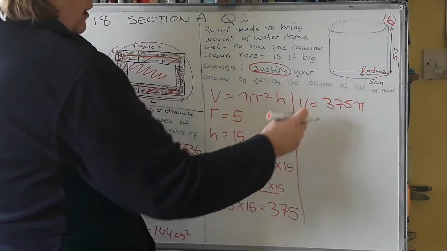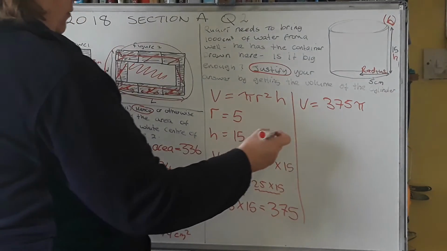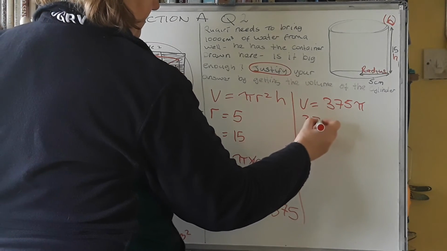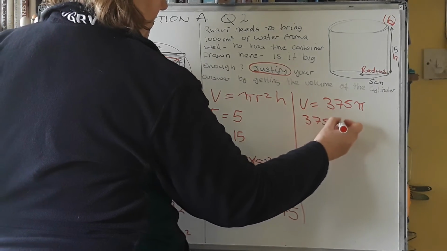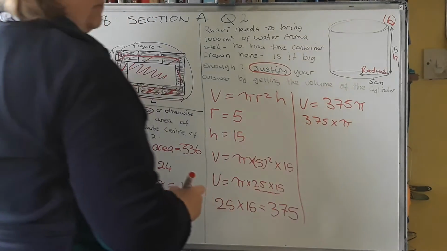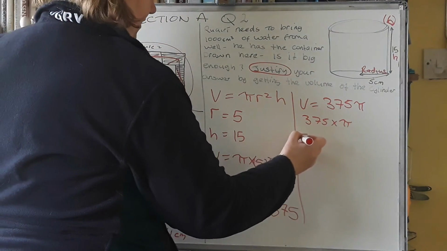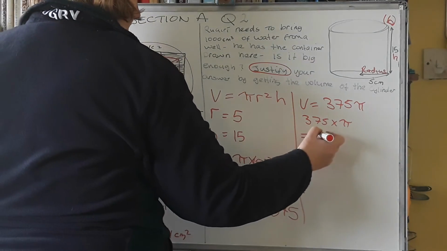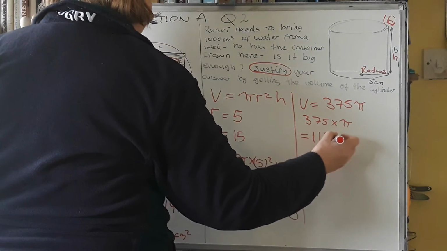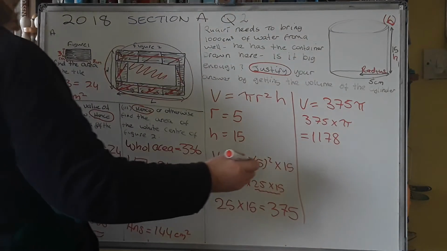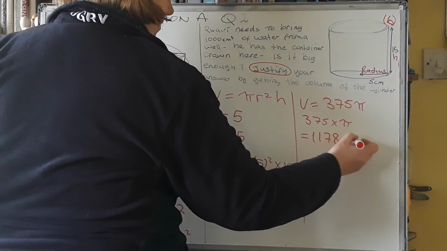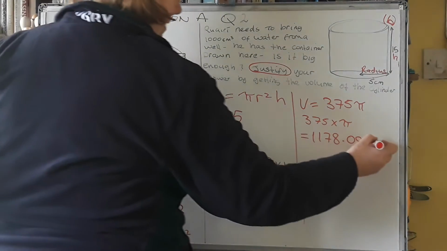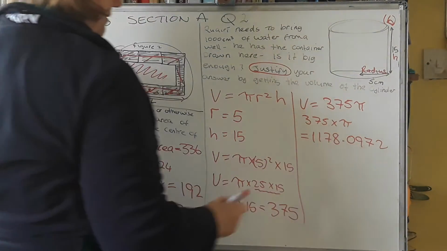So now on your calculator, if you put in 375 multiplied by pi, and you'll find the pi symbol in your calculator, and the answer that you will get is 1178.0972. Now there might be a few more numbers after that, but that's the main thing.